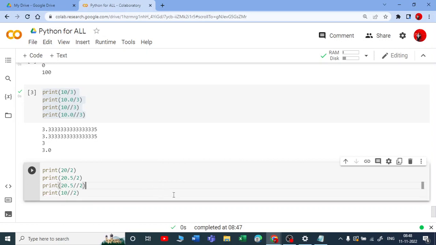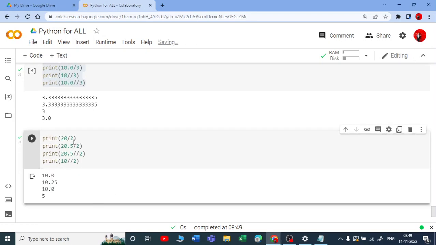Come on. Now tell me which will be float. Run and check. You can see float, float, float, float. This is also float. This is an integer. Beautiful.